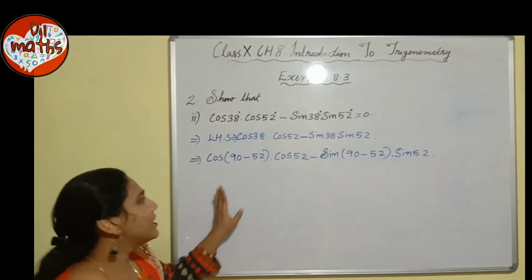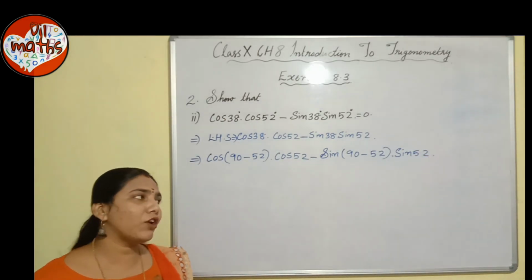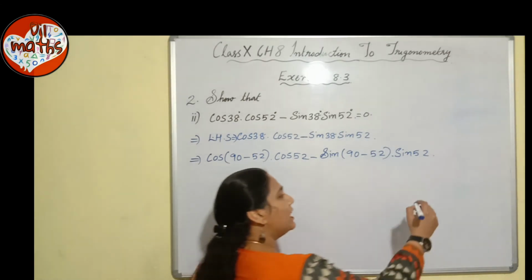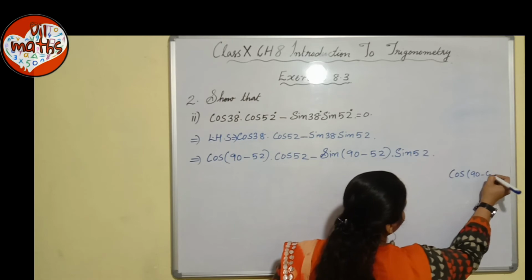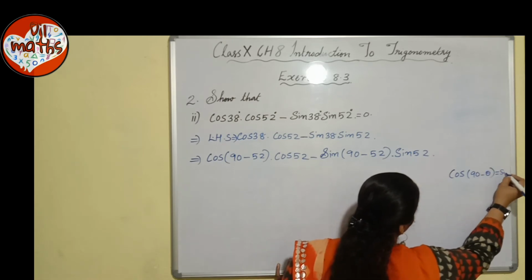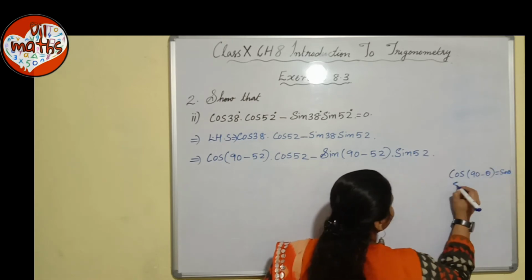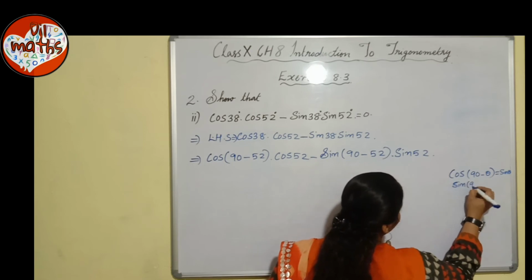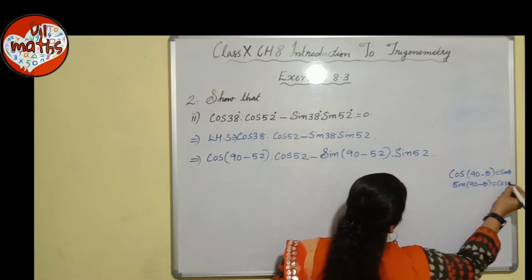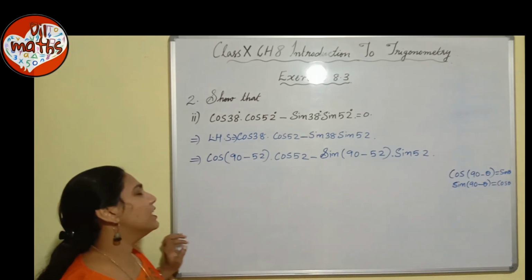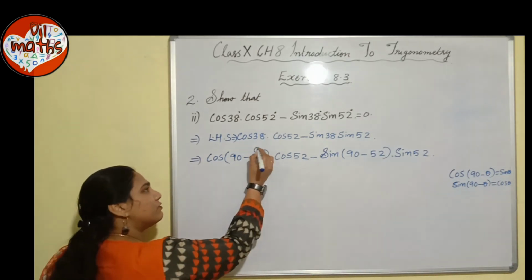Now, cos 90 minus theta. What is cos 90 minus theta? Cos 90 minus theta is equal to sin theta, and sin 90 minus theta is equal to cos theta. Now listen here. What is theta here? Theta is 52.